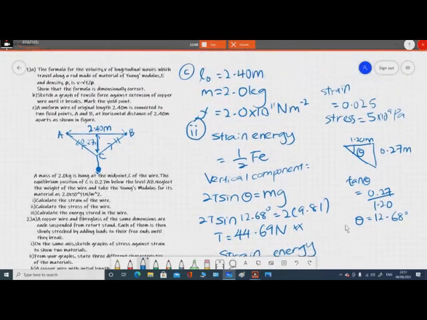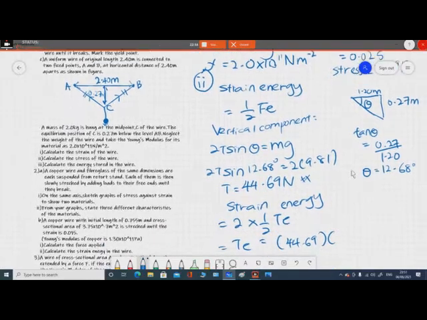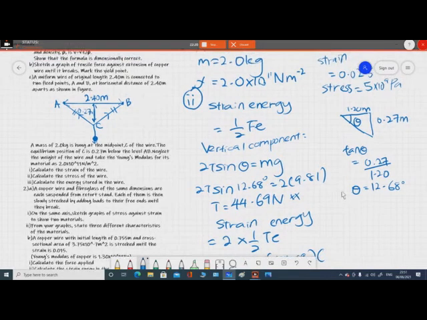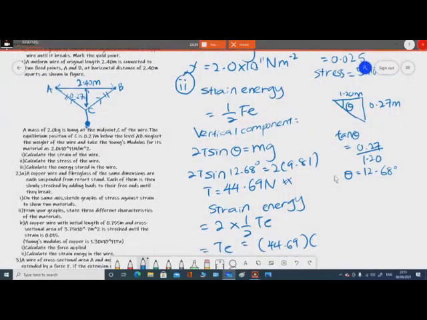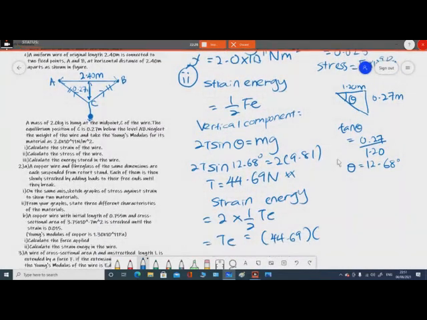So what will be our extension here? Let me find it out. Oh, I just erased it just now. Wait. Okay, strain is actually the extension E over L naught. So E is strain times L naught.